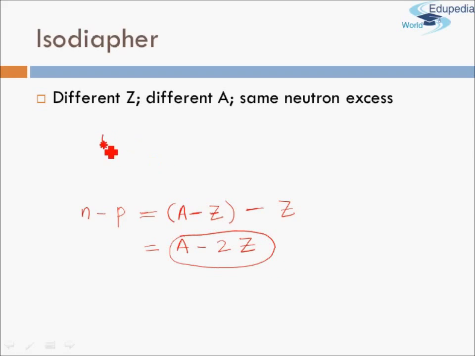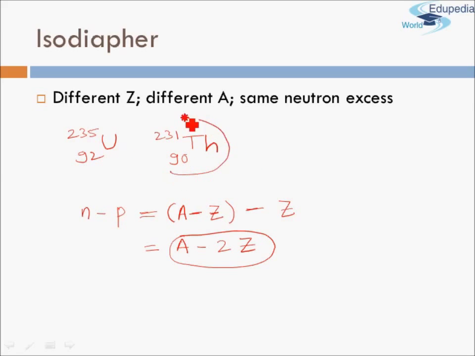For example, uranium has 92 protons and 235 nucleons, and thorium has mass number 231 and 90 protons. If you calculate the number of neutrons in this uranium and in this thorium and subtract their respective number of protons from it, you will find that n minus p has the same value for the two. In fact, you can try it right now.